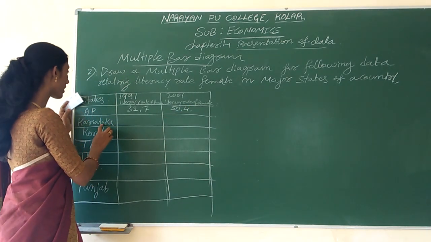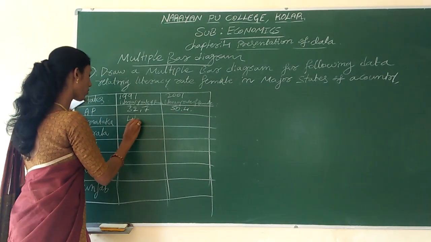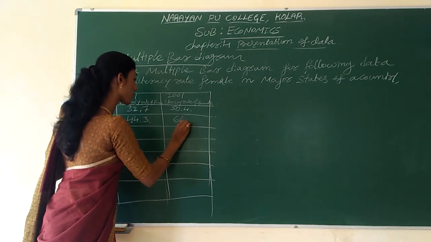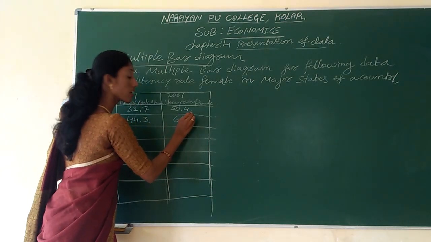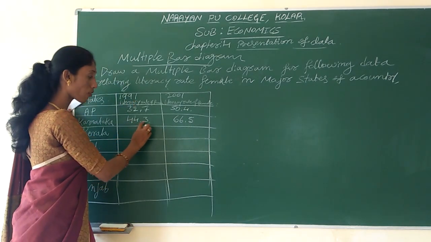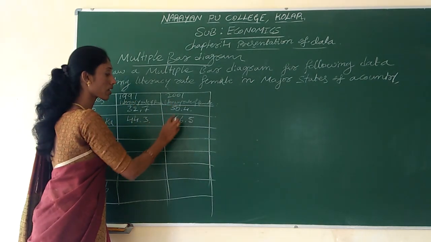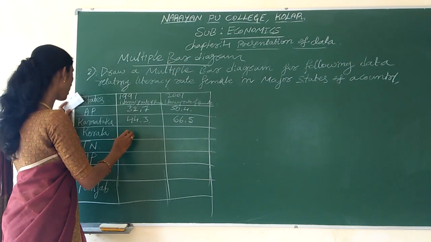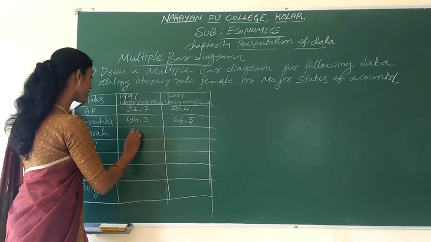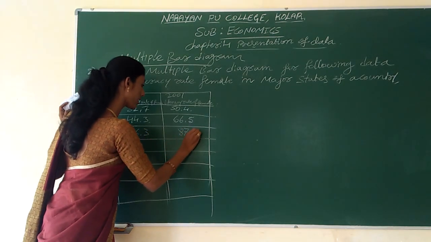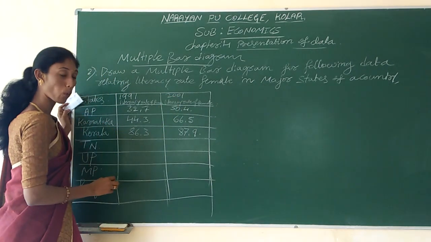In Karnataka, 44.3 in 1991 and 66.5 in 2001. In Kerala, 86.3 and 87.9 in 2001.